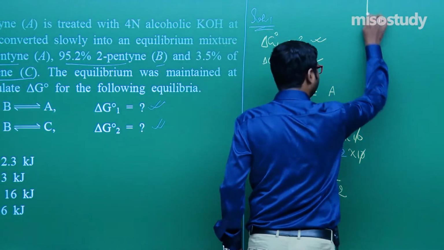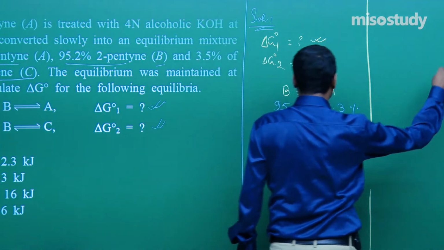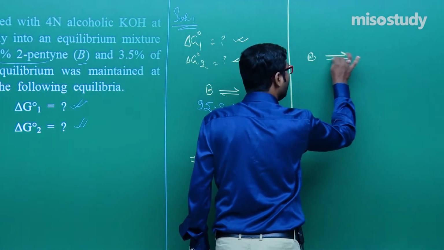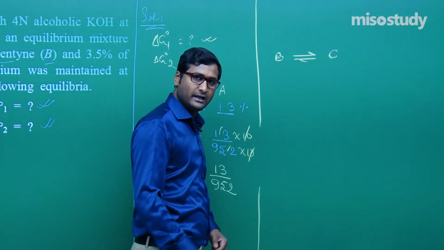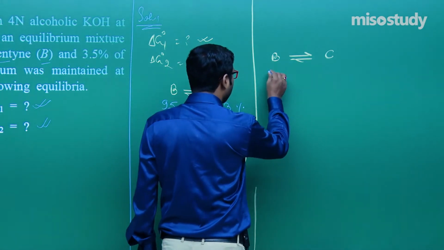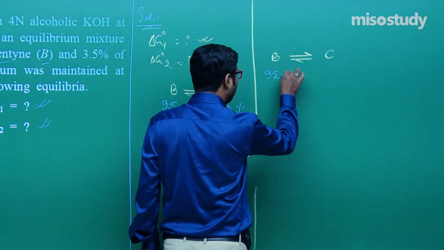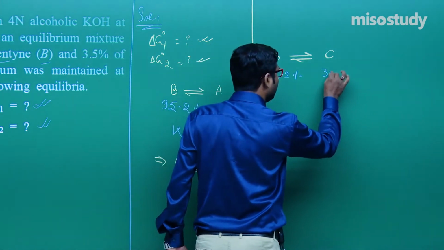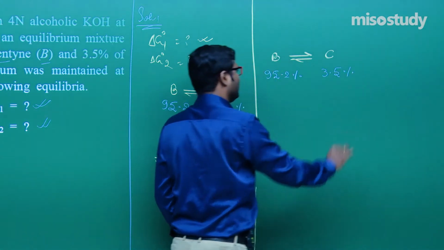Clear? Now for the second case, what is the second case? That is from B we move towards C. Clear to you? In this case, B is 95.2% and C is 3.5% according to the question.